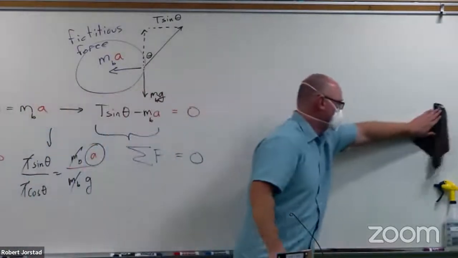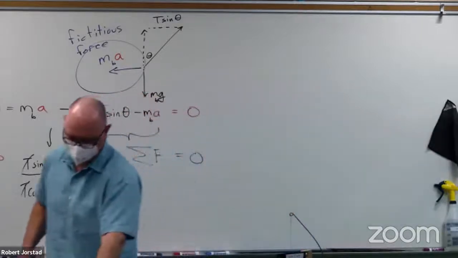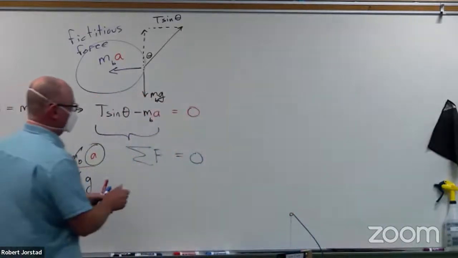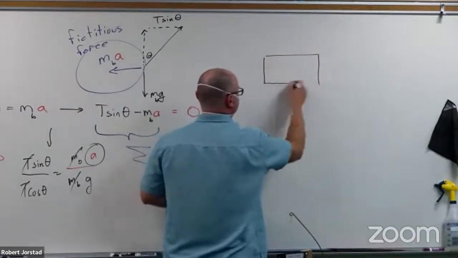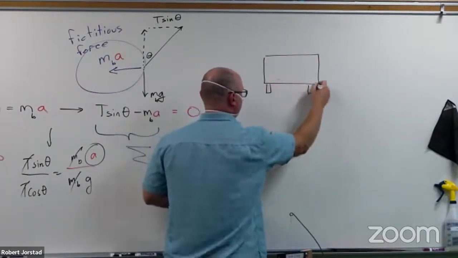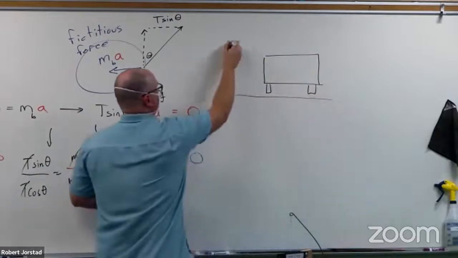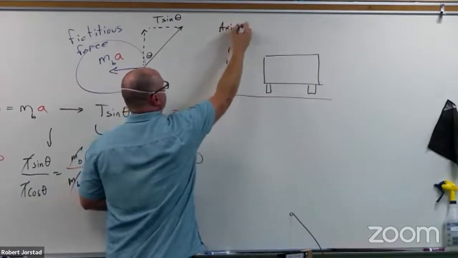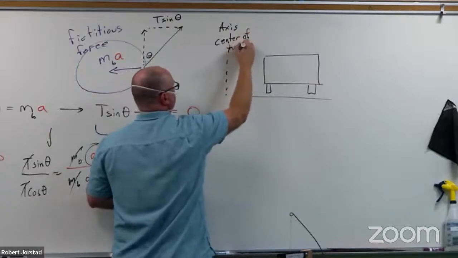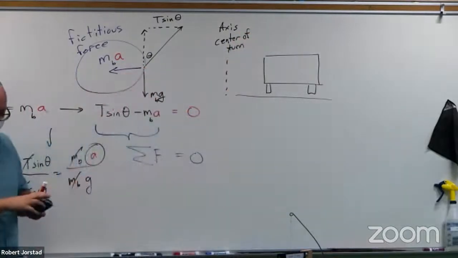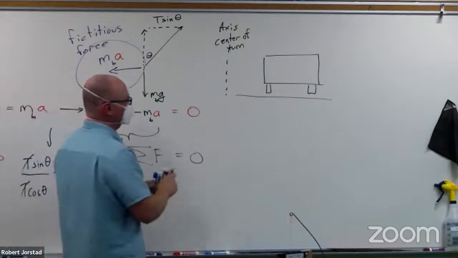So imagine you're in a car on a slippery bench seat, and you're going around a flat curve. There's an axis over here for the center of the turn, right?